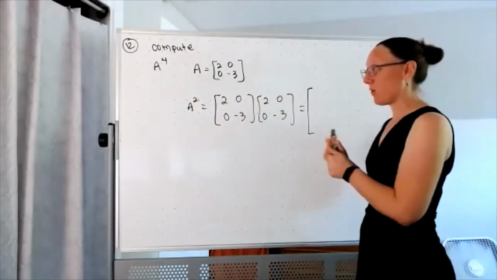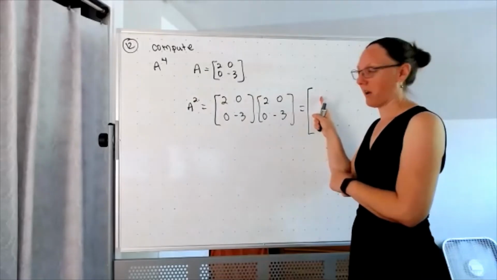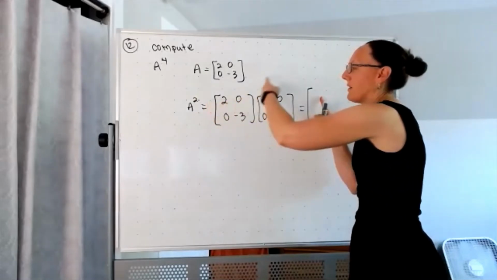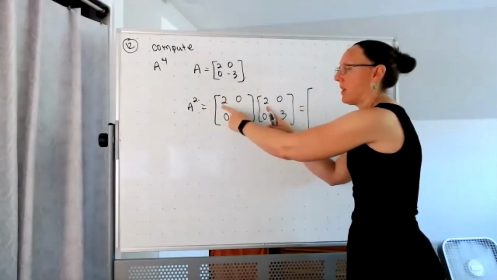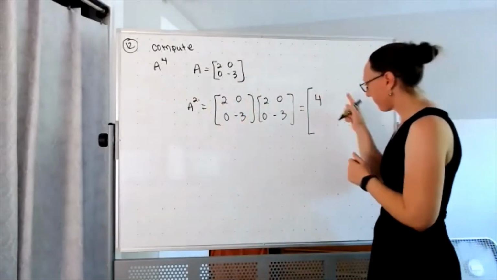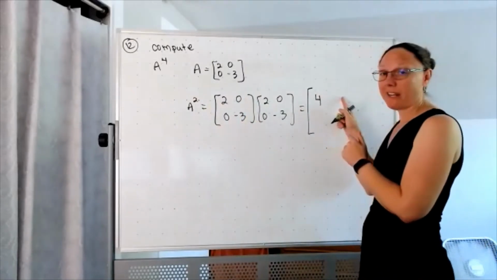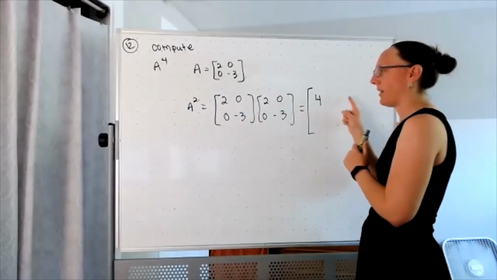And to get my result, this component is in row 1, column 1, which means I take row 1 times column 1. So I'd have 2 times 2 plus 0 times 0. Right here, this element is in row 1, column 2.